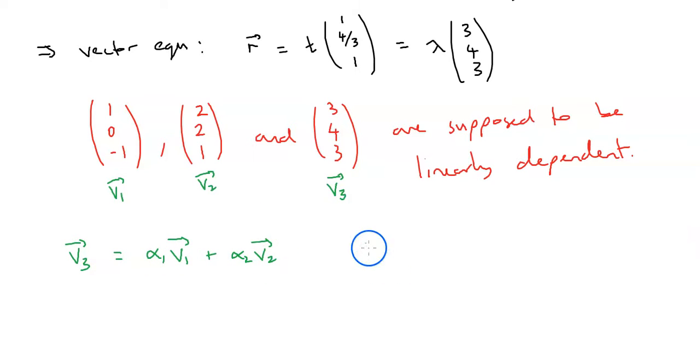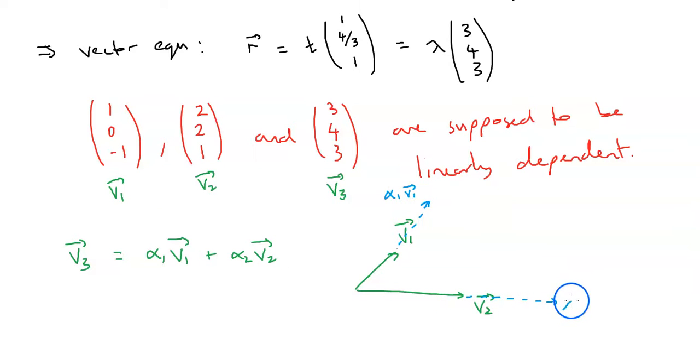Then if we have a plane spanned by V1 and V2, it means that V3 is somewhere inside this plane. So maybe this is alpha 1 times V1, and this can be alpha 2 times V2, and that would mean that V3 is over here.